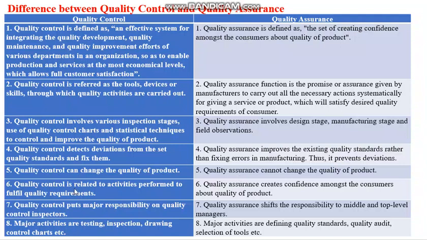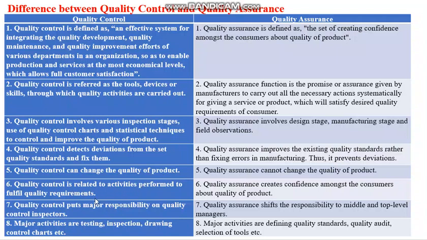So therefore, this cannot change the quality of the product. But if you say quality control is part of quality assurance, then it can change it also. But when you are differentiating these two, it is quality control which is controlling the quality, which is changing the quality of the product.